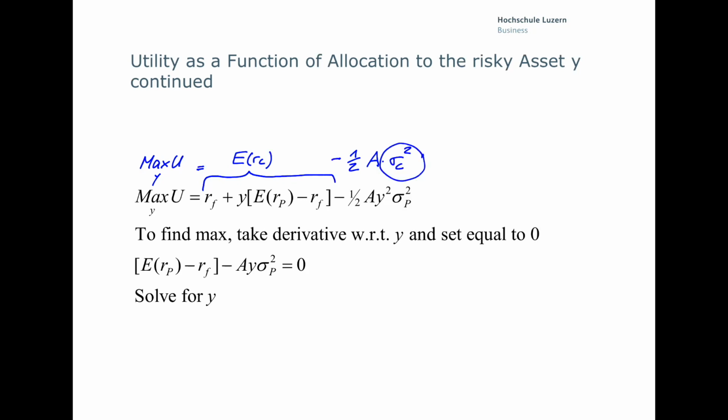As a next step, we replace the variance of the complete portfolio with the following term: y squared times the variance of the portfolio. To find the maximum, we use the first order condition, resulting in the following formula, which equals 0. Solving for y gives us the optimal position for risk-averse investors in the risky asset Y.